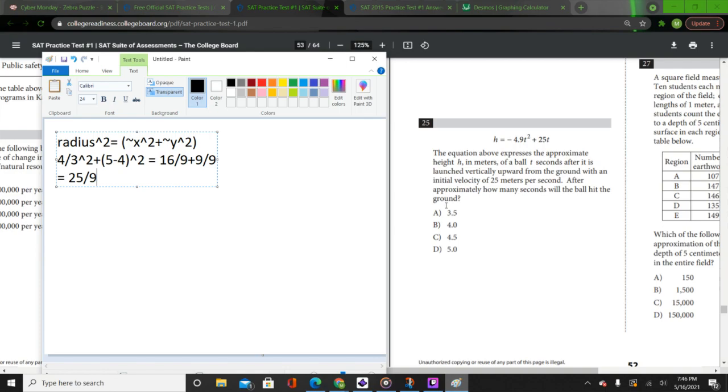The zeros are 0 for one, and for the other we can factorize the t. We'll factor out a negative t. We'll say 0 is equal to negative t.